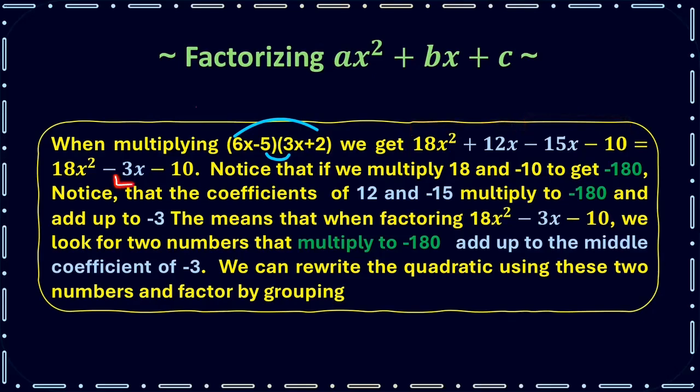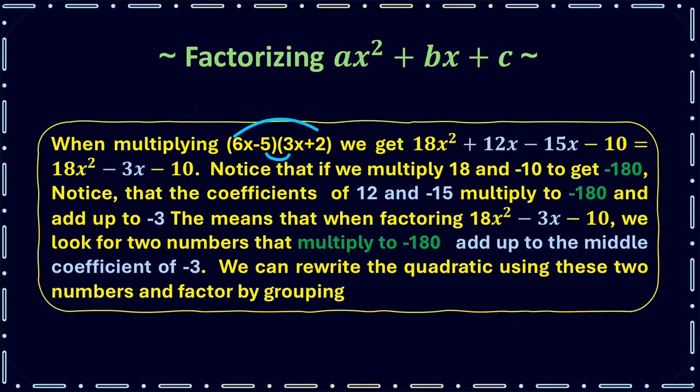Given that we know that the middle term is negative 3x, the question is, how do we rewrite it as 12x minus 15x? Or in other words, how do we know negative 3x should be written as 12x minus 15x so that we can factorize the polynomial?